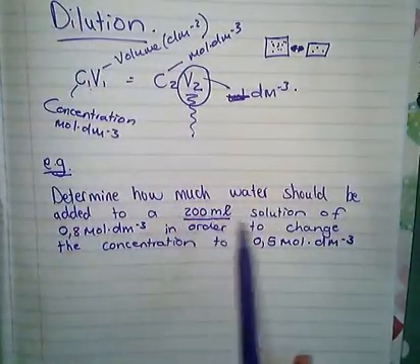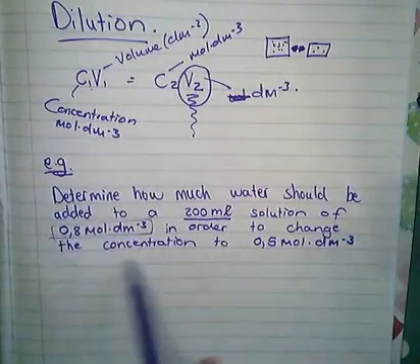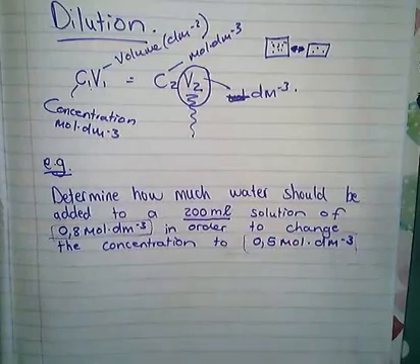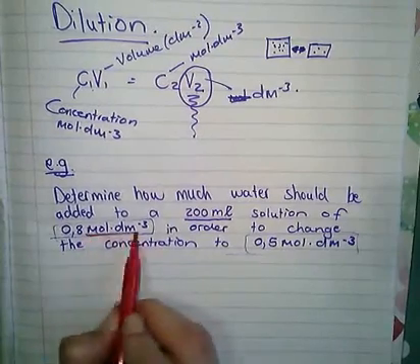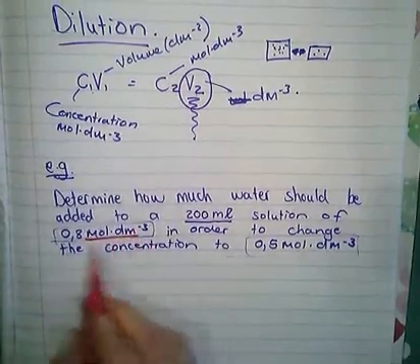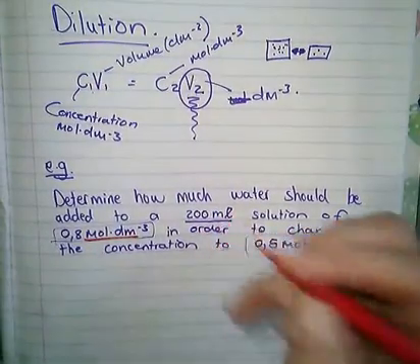That's important. And then 200 milliliters, what you need to know here is that a milliliter is equivalent to a cubic centimeter, and a cubic decimeter is equivalent to a liter.